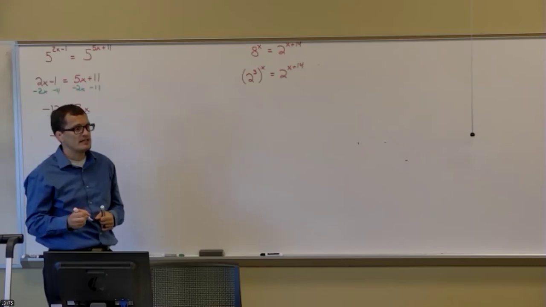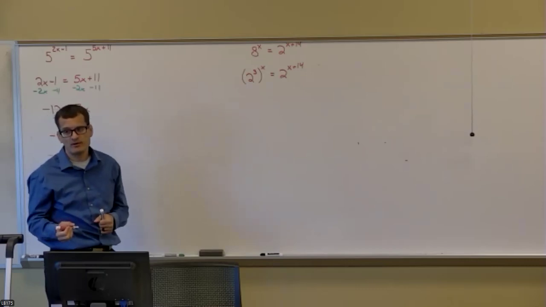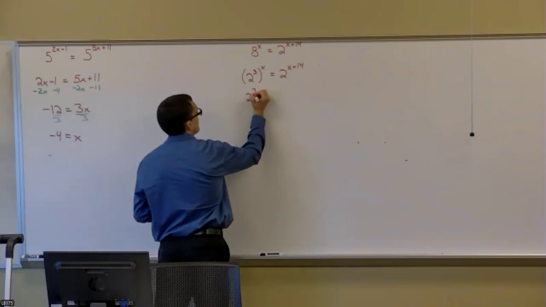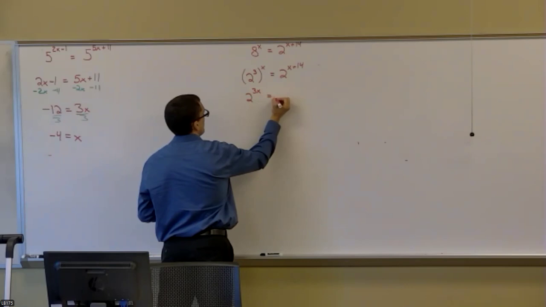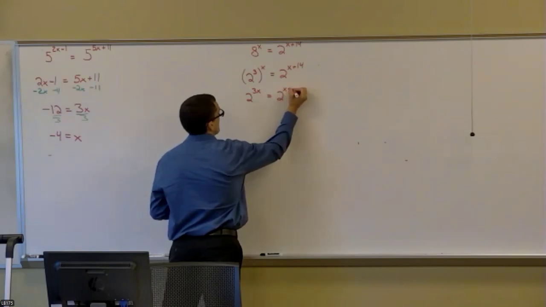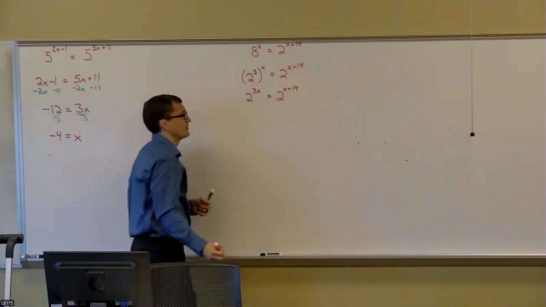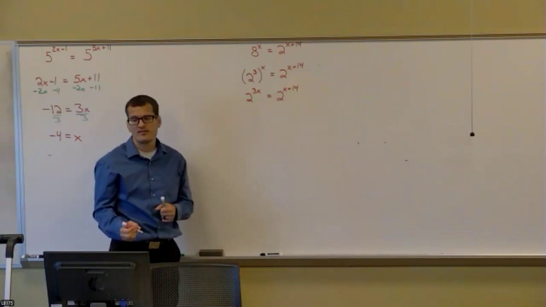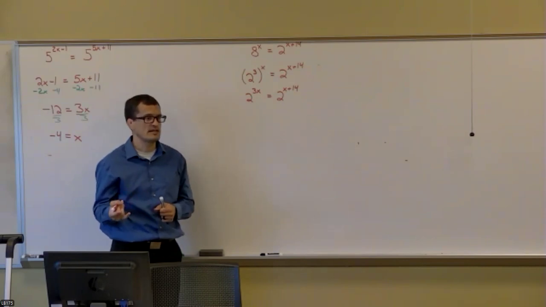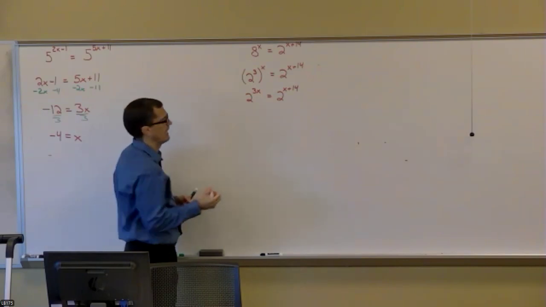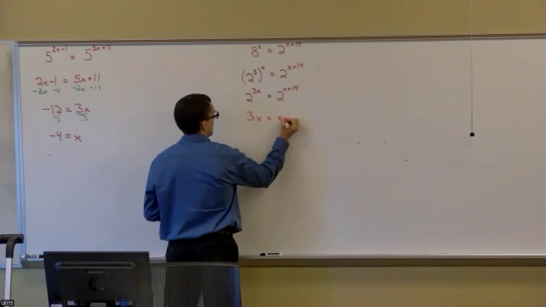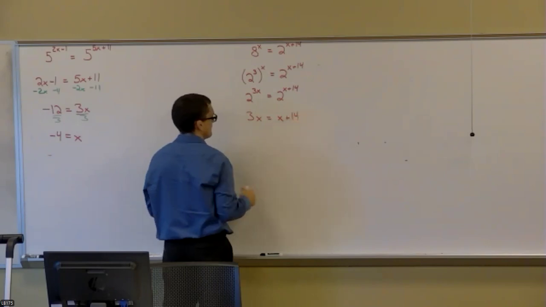So 8 is 2 raised to the 3rd power, and that means 2 raised to the 3x power is the left-hand side, and 2 raised to the power of x plus 14 is the right-hand side. Now I do have the same base, so I can just set the exponents equal. And we would get 3x is equal to x plus 14.